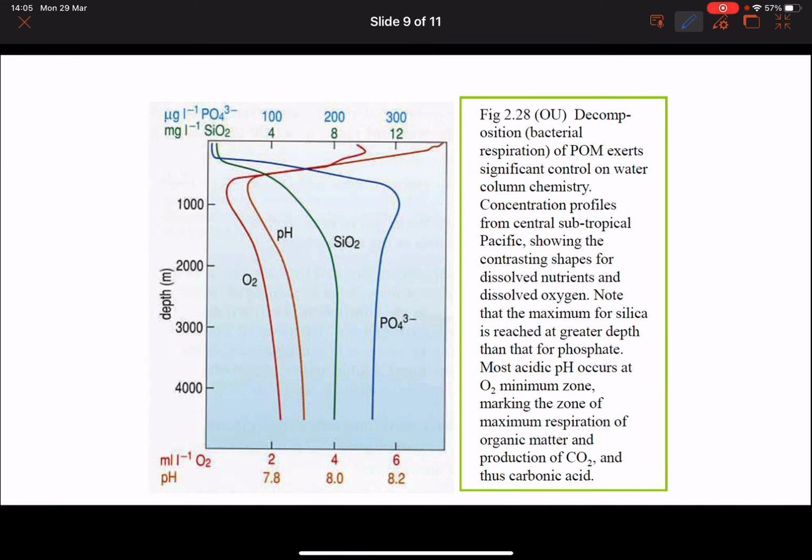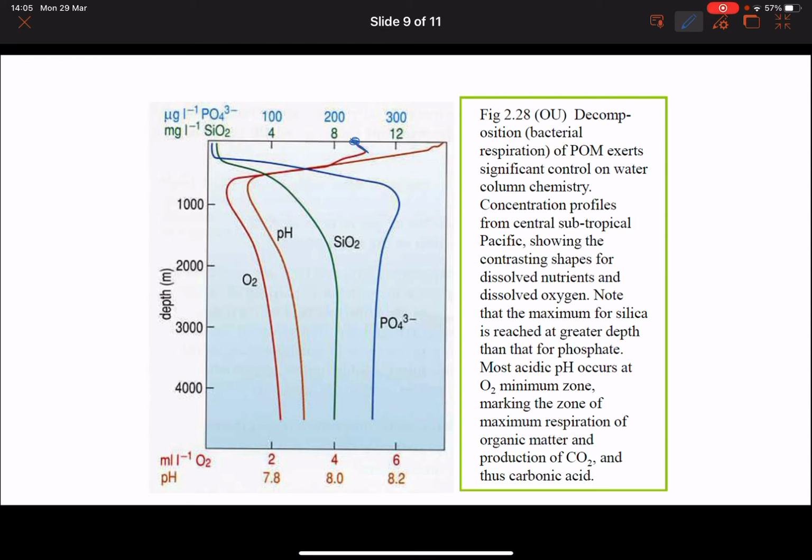Now what's interesting about this chart is if you think about all the organic matter that's raining down, there are some implications of that. So you're converting this organic matter back to phosphate and nitrate and silicate, and you're doing it through aerobic respiration. So you can see, if you look at the oxygen profile in red, there's oxygen at the surface, it's equilibrating, it's produced from photosynthesis.